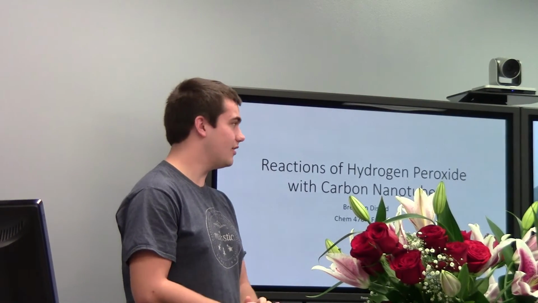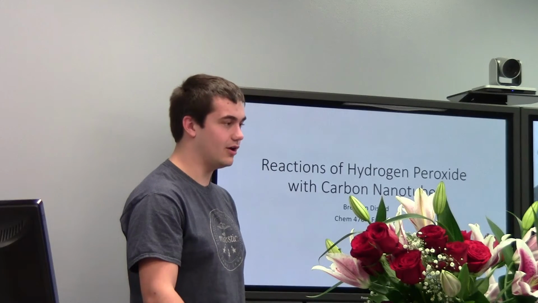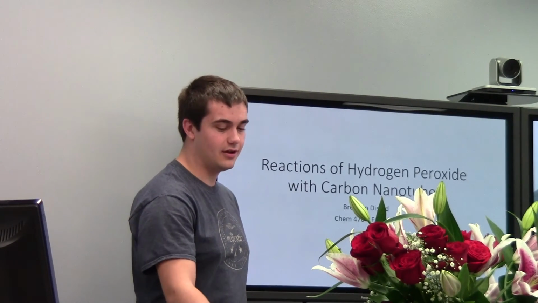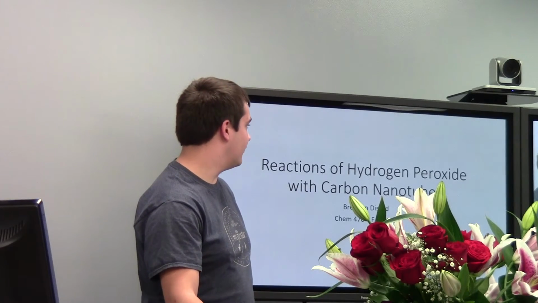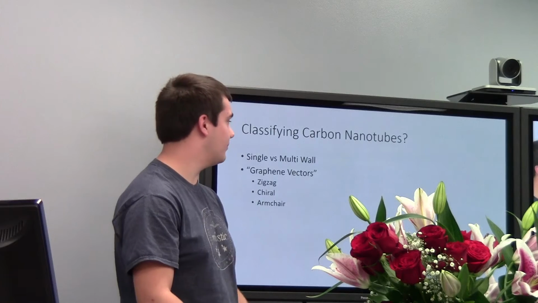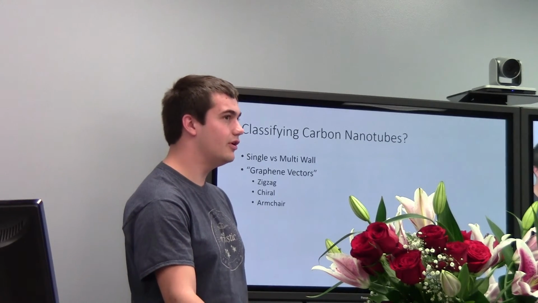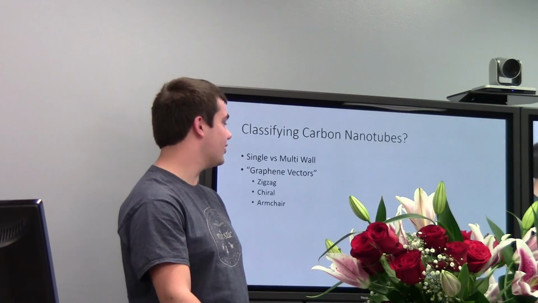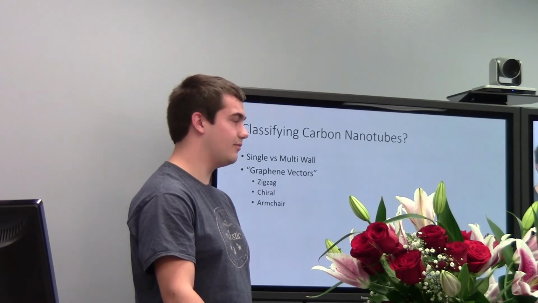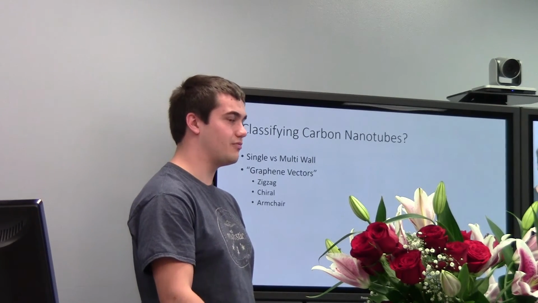All right, I'm Brendon. I was looking at the reaction between carbon nanotubes and hydrogen peroxide. A little bit first on all the different types of carbon nanotubes. They're split up into single-walled and multi-walled, but we're going to be using only single-walled, and only one specifically, because single-walled are much smaller.